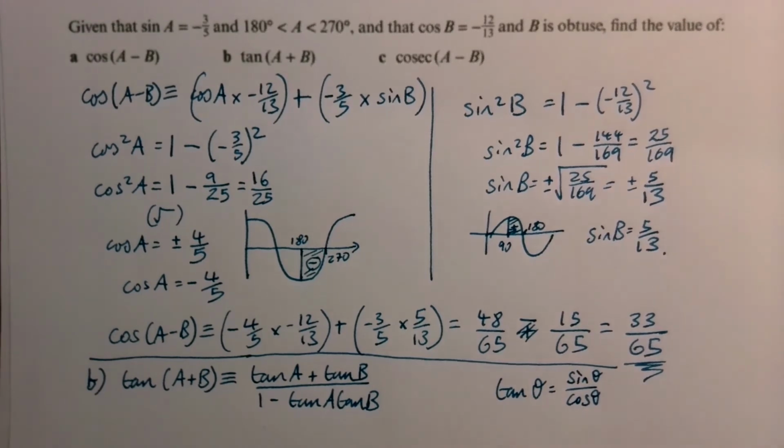So having told you that, pause it, have a go, see if using all the values that we've worked out in part A, you can get there. And I'll run you through my working in a moment.